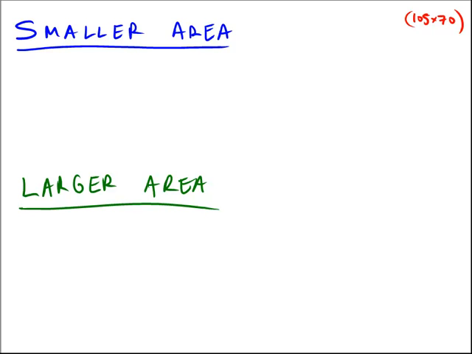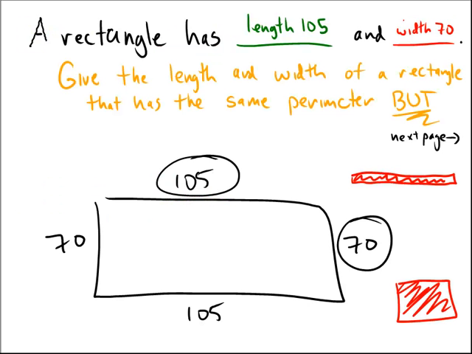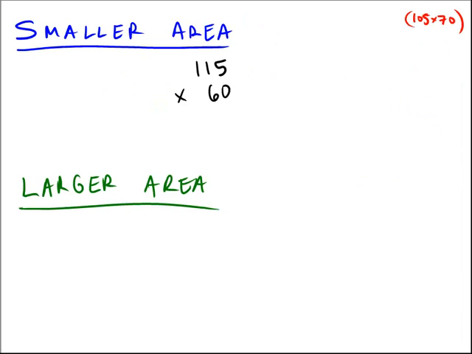I'm going to take the largest number, which is the 105, and make it even larger: 115, I made it larger by 10. And I'm going to take the small number, which was 70, and make it smaller by the same amount, 60. So in the picture, it's like I took the 105 and made it longer, and I made the 70 smaller. So I'm making myself a skinnier rectangle.